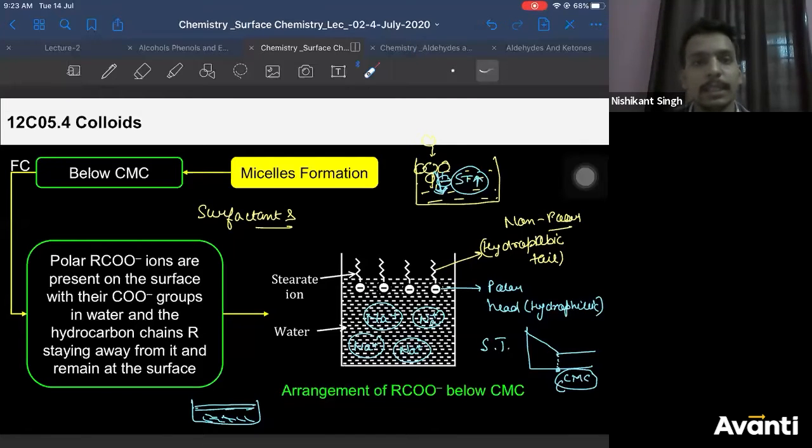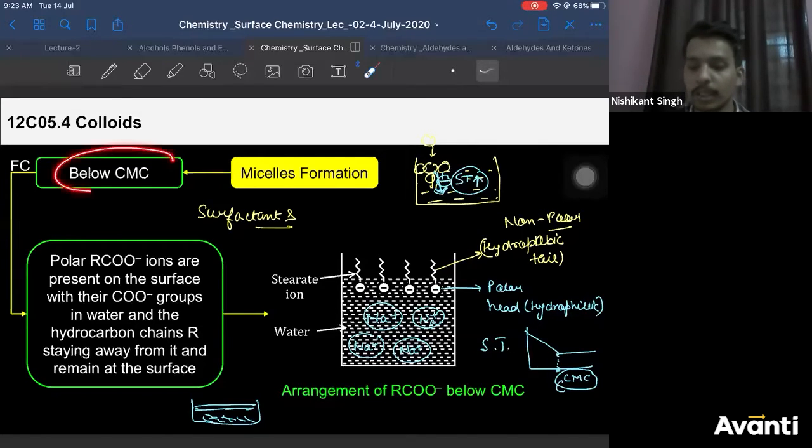What was CMC, critical micelle concentration? It was the concentration or the amount of soap above which micelle formation takes place. Correct? So very good to see that all of you remember this. Very good. Correct. So this is how you define.